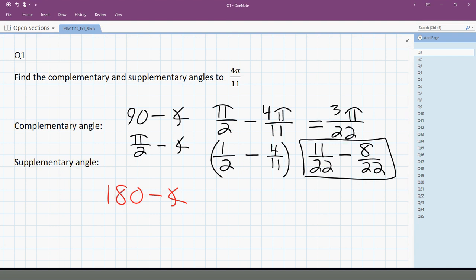So if it was in degrees, 180 minus it. But this time, because we're in radians, we're taking pi minus that. So we have pi minus 4 pi over 11. So in this case, what two numbers are we really subtracting?